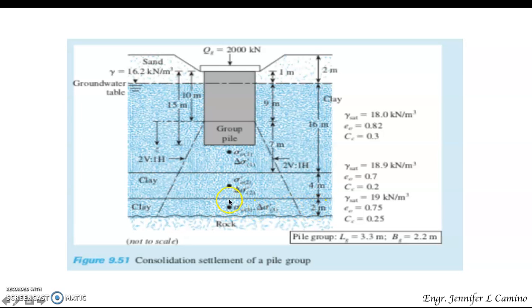So towards this surface, that is 1 times the unit weight, 19 saturated, so minus 9.81. So the vertical stress will start here, so that is vertical stress equal to 1 times 19 minus 9.81, then plus from this point towards this point, that is 4 times 18.9 minus 9.81, then from this point towards this point is equivalent to 16 times 18, then plus 2 times 16.2.